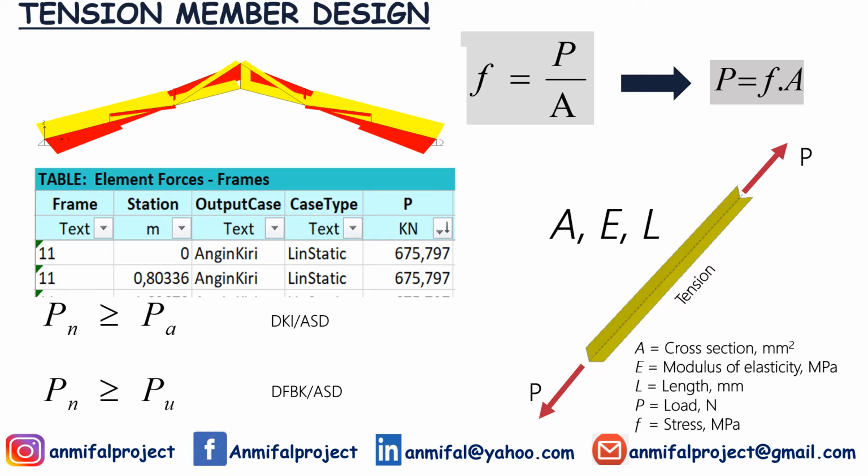Hence, in the design, we can rewrite the equations so that the nominal load Pn should be larger than the actual load Pa for allowable strength design, ASD. On the other hand, the nominal load Pn is larger than the ultimate load for load resistance factor design.